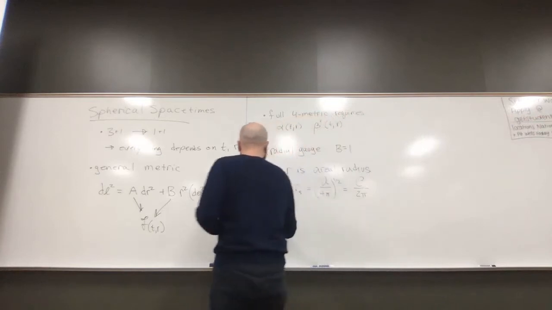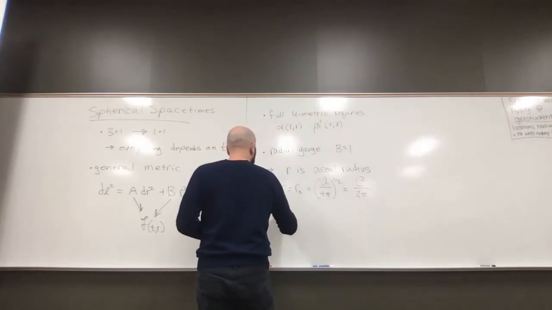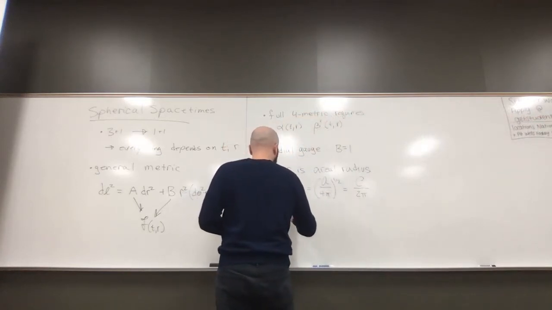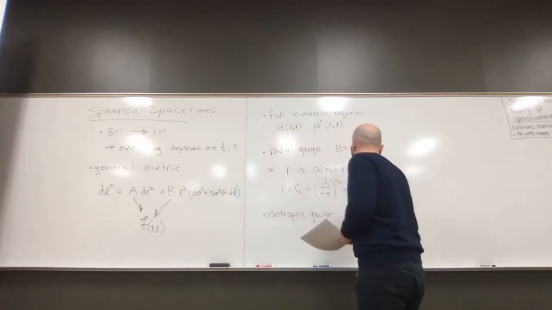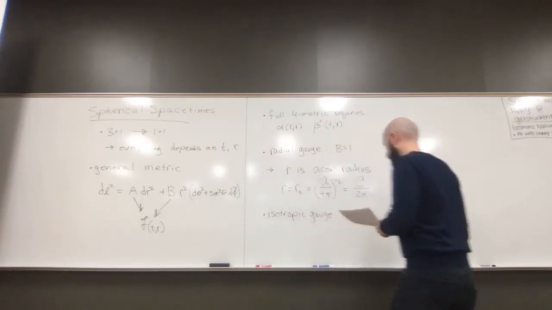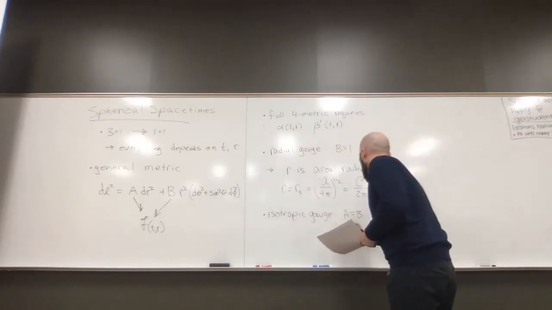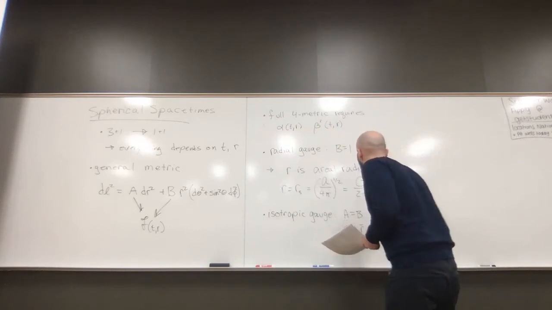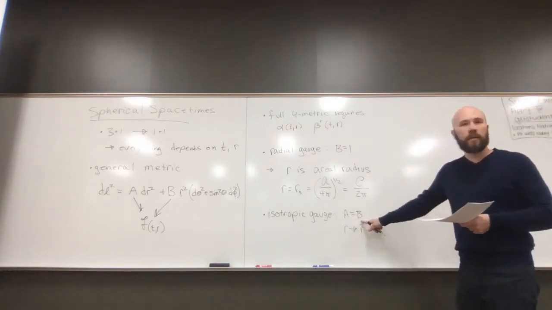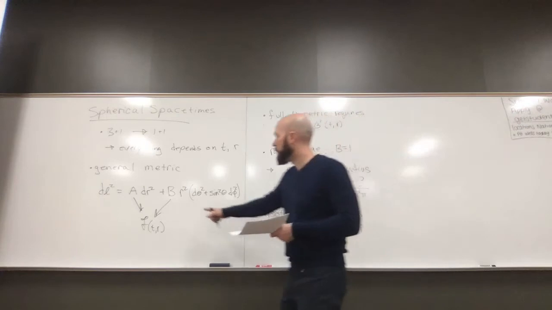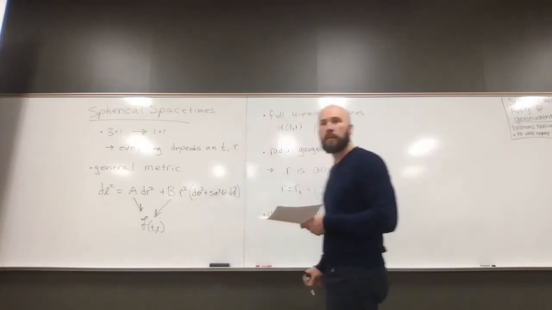Another one, which is pretty common, is an isotropic gauge. This is isotropic because here we set A equals to B. And then r we express as r bar, which is the isotropic radius now. And now once you've set these two things equal to each other, you've got to solve for them based on the other conditions in the problem, right?